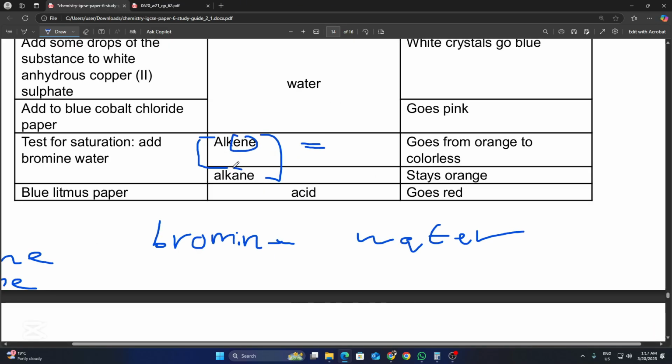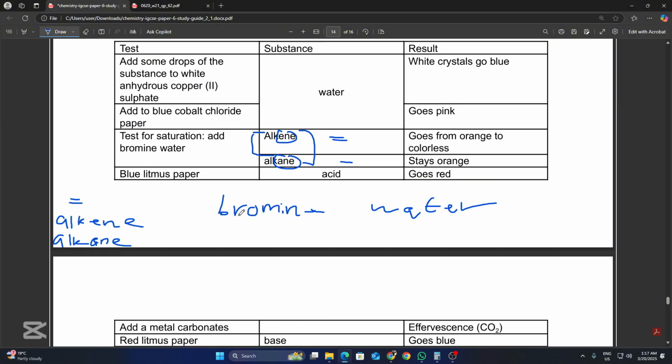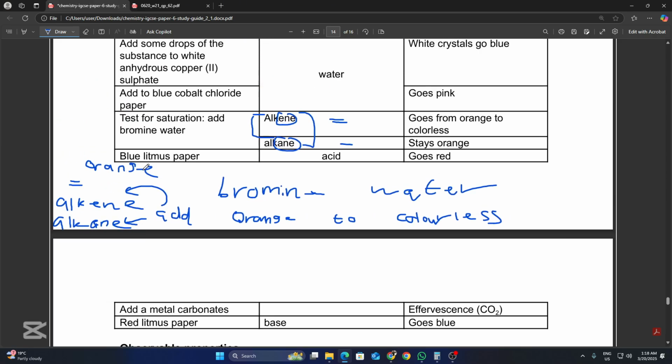If it's spelled alkane, then we have a single bond. If we add bromine water to an alkene, it will go from orange to colorless. But if we add it to an alkane, the color will just remain orange and will not change.